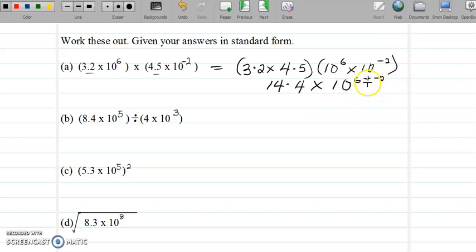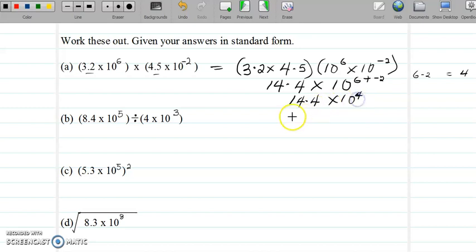Plus minus is minus, so 6 minus 2 means the power will give me 4. So we have 14.4 times 10 raised to power 4.